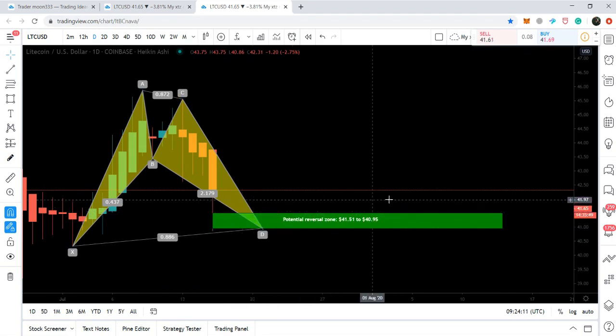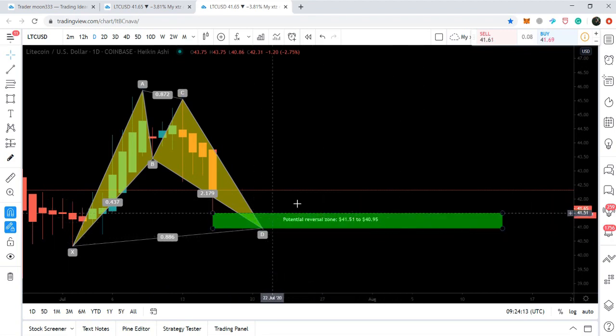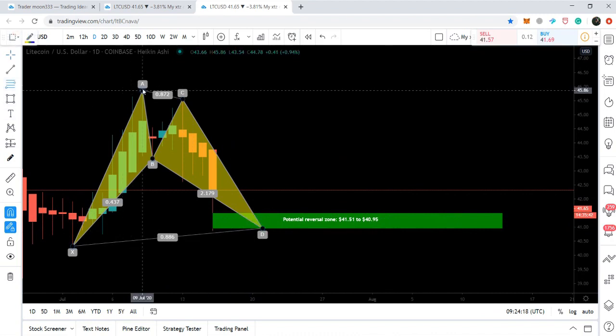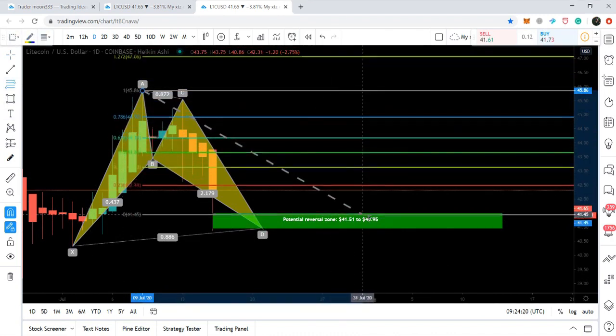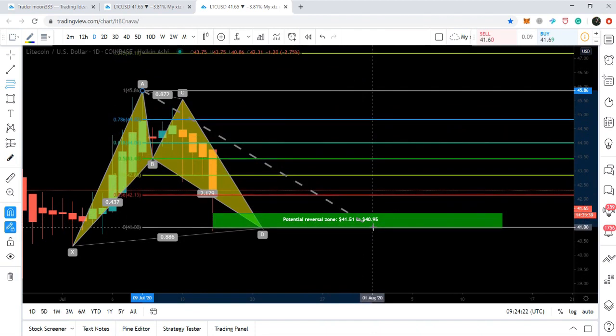So this is the potential reversal zone for this bullish bat pattern, and if I place the Fibonacci tool from A to D leg, then realistically the price action can move from this level, from 0.382, that is almost $42, up to the 0.786 Fibonacci projection of the A to D leg, and that ends up at almost $44.